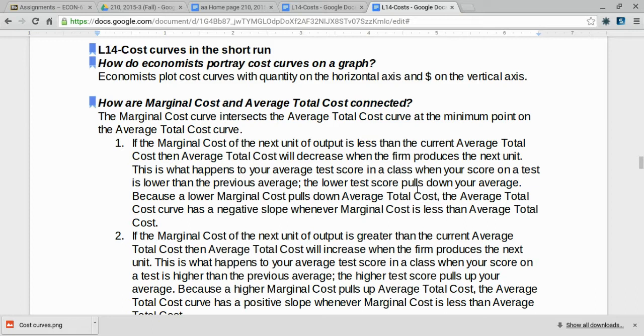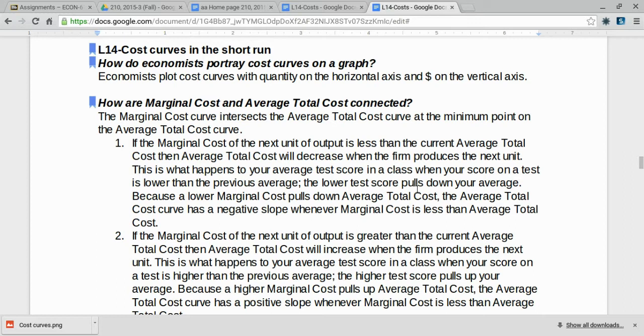If the marginal cost of the next unit of output is less than the current average total cost, then average total cost will decrease when the firm produces the next unit. This is what happens to your average test score in a class when your score on a test is lower than the previous average.